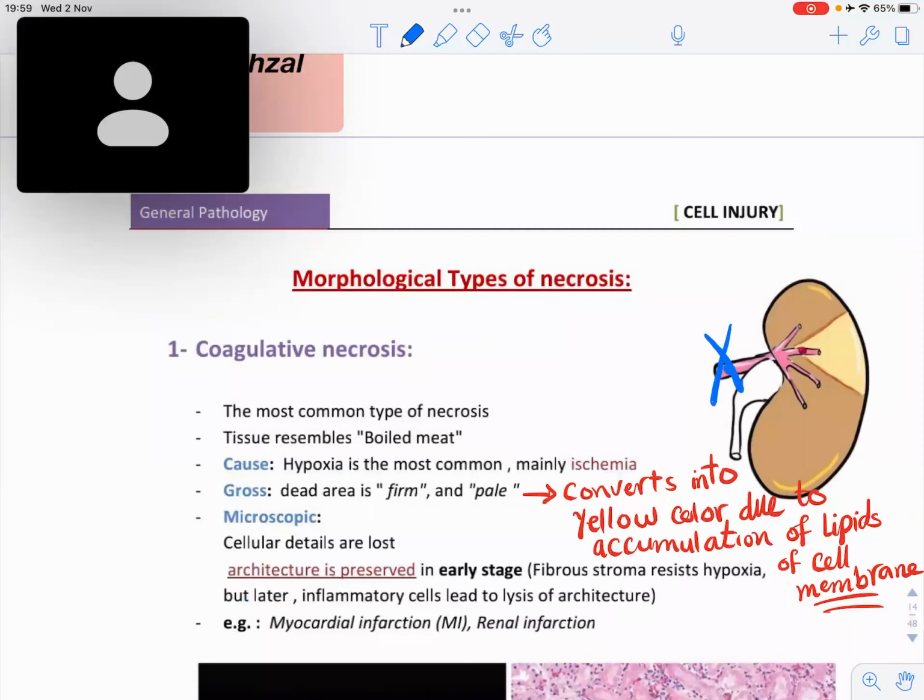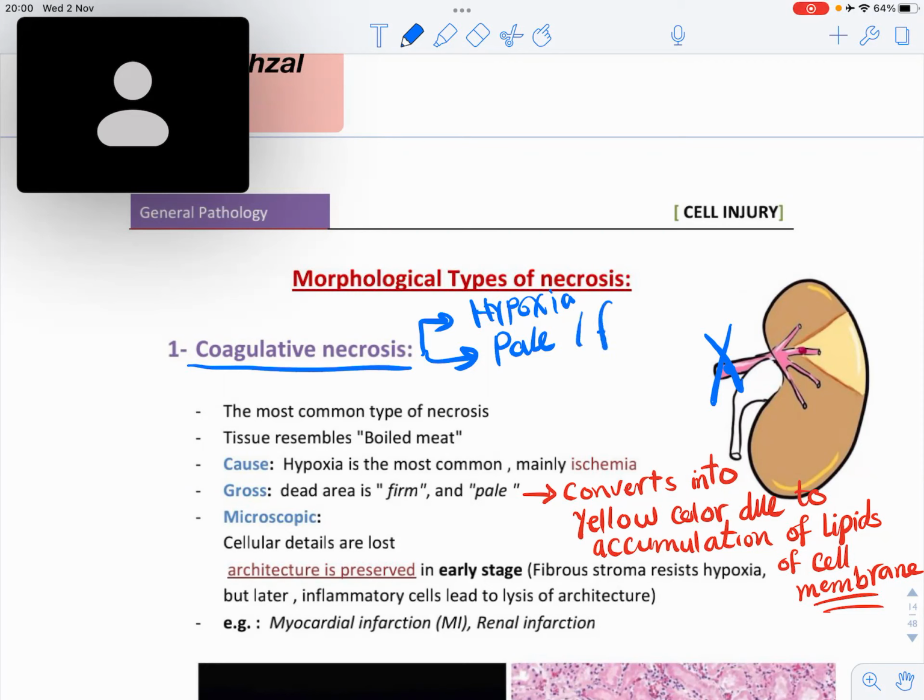So here in coagulative necrosis, the cause is hypoxia, and the color is pale. The color is pale because there is not enough blood supply going. How is it going to be red? Red if a lot of blood supply is going to the organ, but here we don't have enough blood supply because the blood supply is blocked. So of course it will never be red. It will be pale in color.